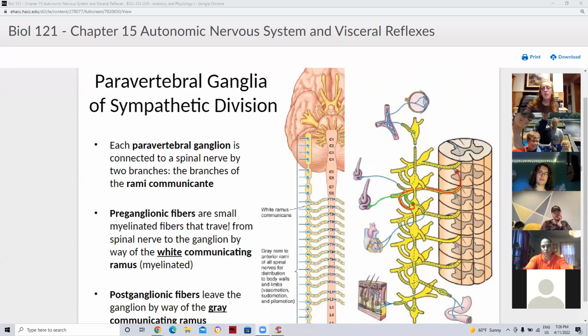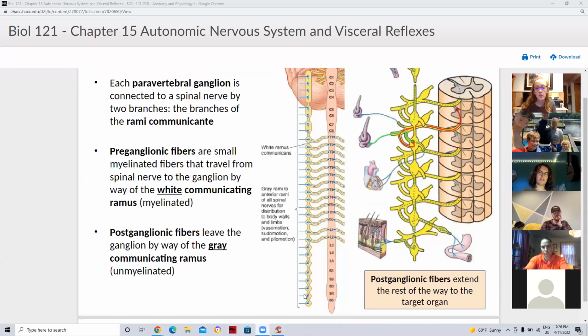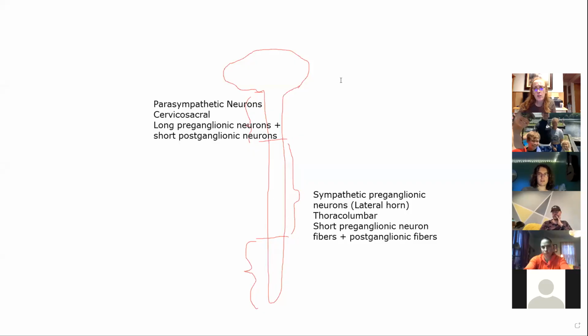The paravertebral ganglia, remember, this is also called the, actually, bear with me here. We're going to put it somewhere else. Let's do this. Paravertebral ganglion.